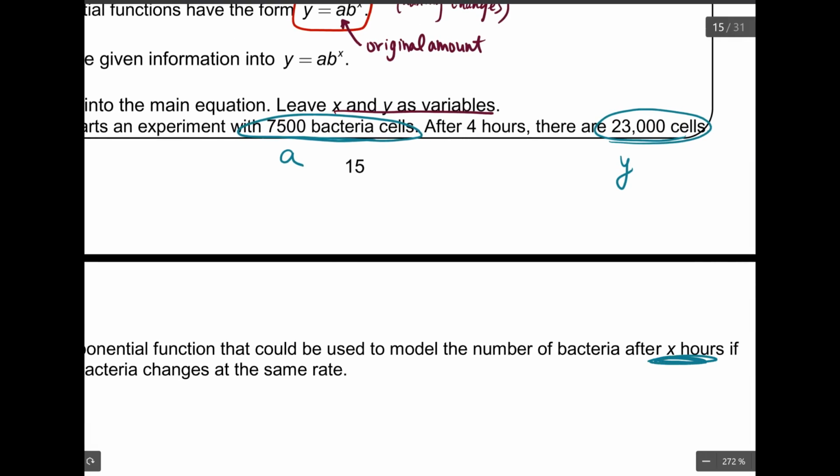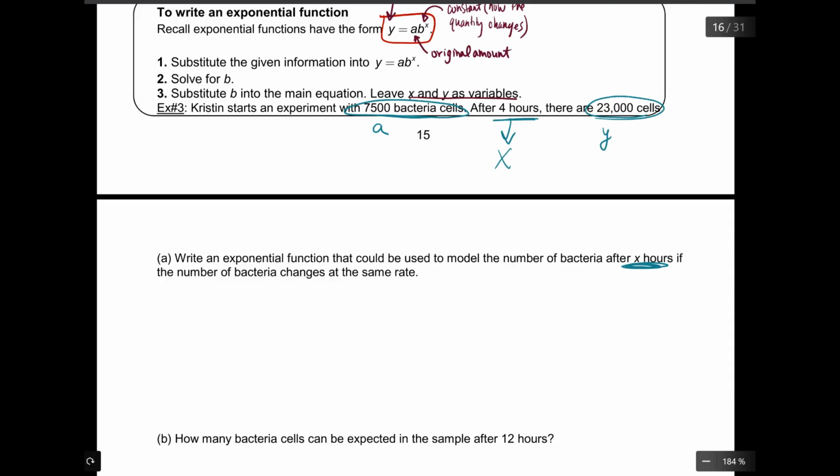X stands for the number of hours, so 4 is what I plug in for x. This allows me to solve for my constant B. Once we solve for B, I can make a general exponential function, then plug in other numbers to find other values of bacteria.